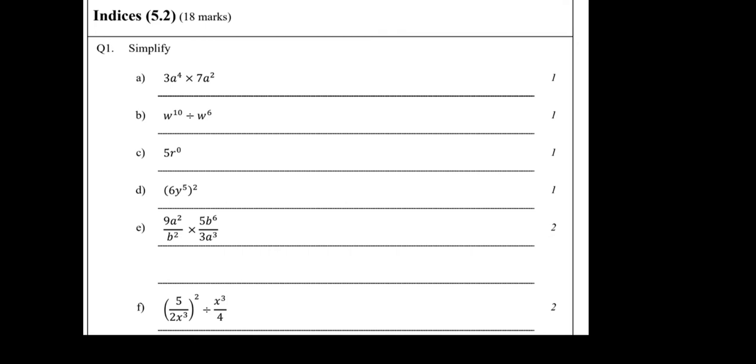Okay, so these are simplifying indices. So we need to use the rule that if we have a m to the x multiplied by b m to the y, that's going to be a b m to the x plus y.